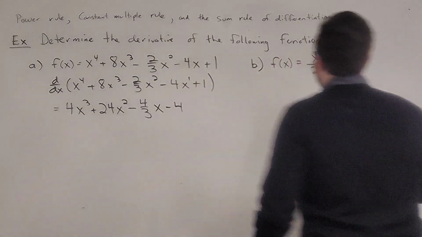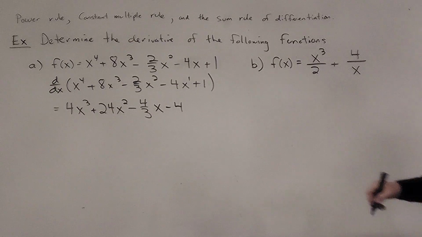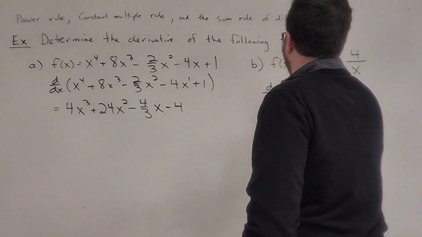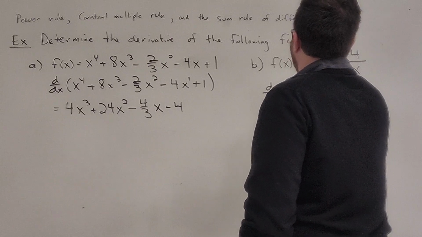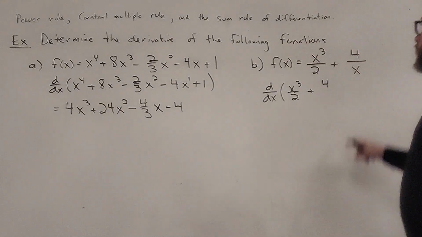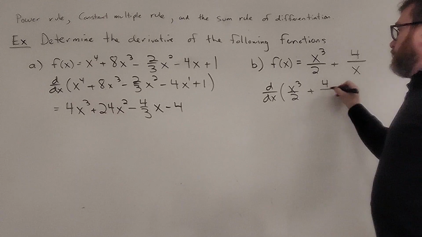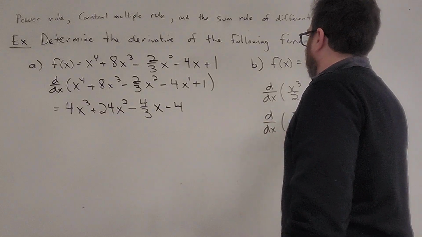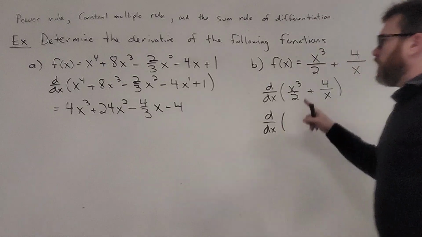Similar in form, except you have this rational term here. So if I want to take the derivative with respect to x of this sum, x cubed over 2 plus 4 over x, well, it'd be much nicer if I write that 4 over x so I can do it using the power rule. So what I would like to also do is rewrite this.